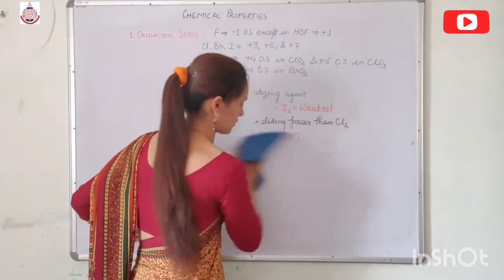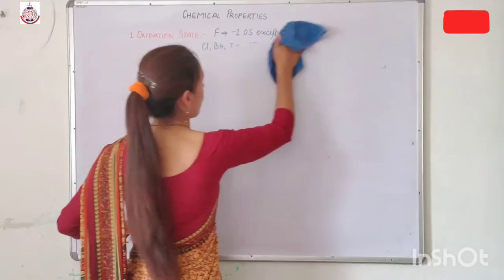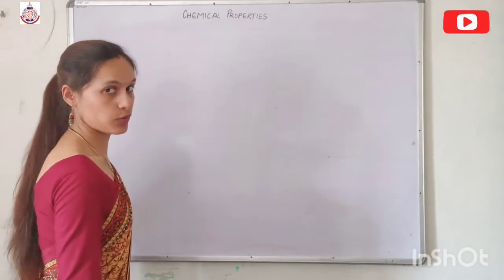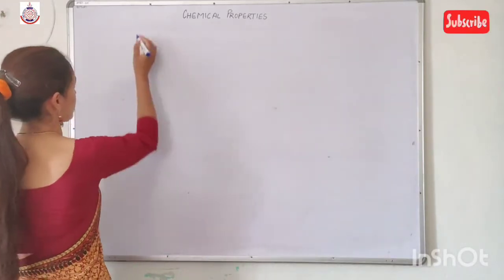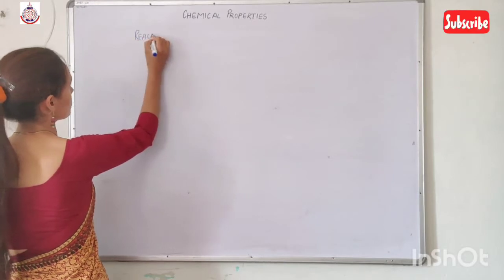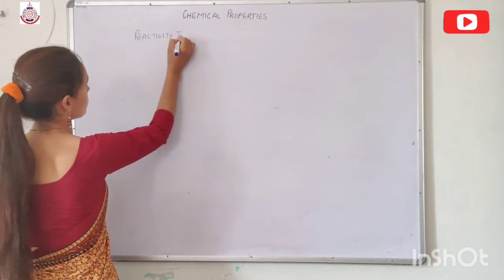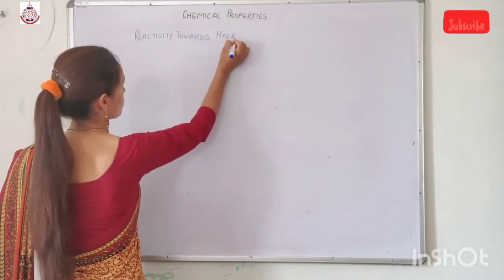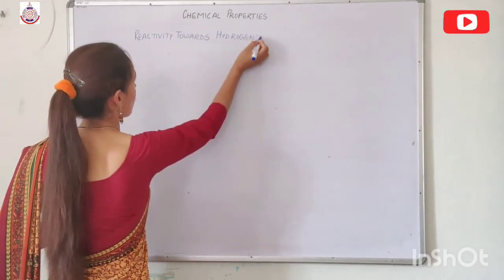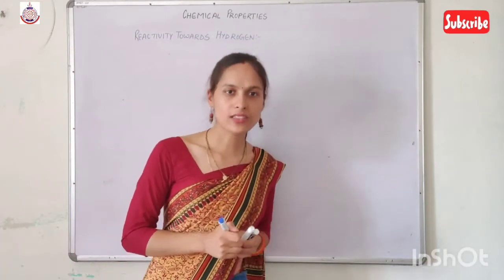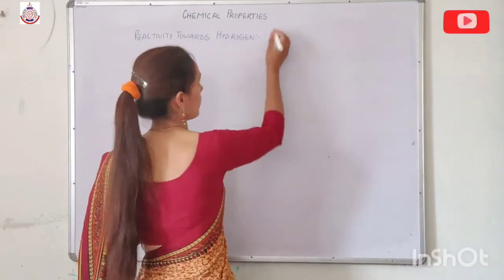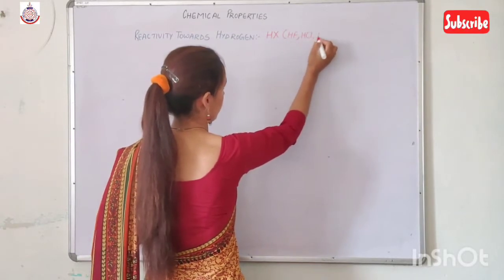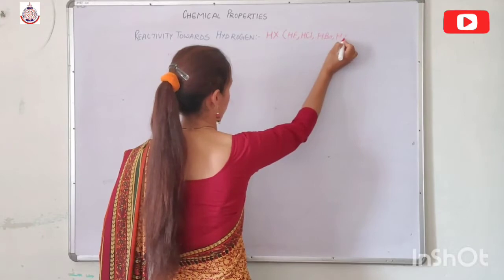All the halogens react with hydrogen to form hydrogen halides of formula HX: HF, HCl, HBr and HI.